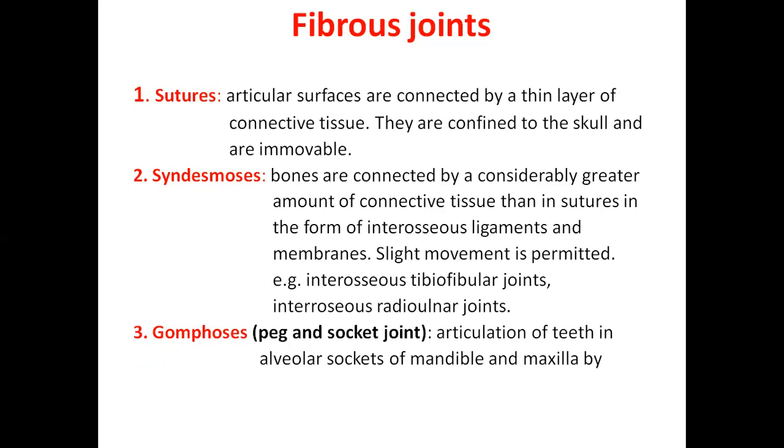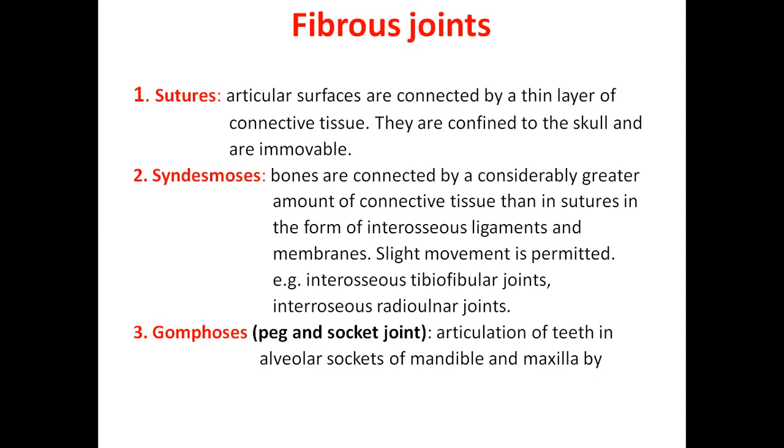The first one is the suture. In sutures, articular surfaces of the bone are connected by a thin layer of connective tissue. Here, the connecting tissue between the bones is in the form of a thin layer, and these joints are confined to the skull and they are immovable joints.